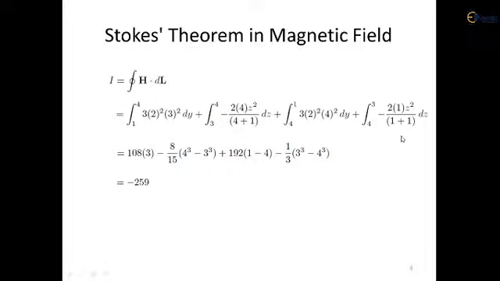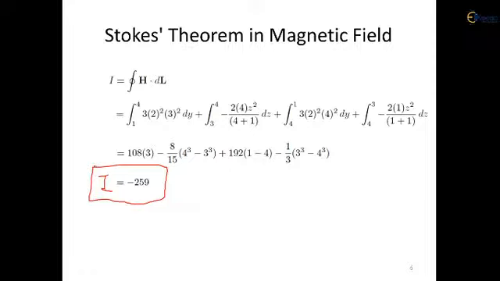The answer can be written as capital I, by the closed line integral or the surface integral, is equal to minus 259, and you can provide the SI system of units for the representation here. So this completes our first problem statement, that is based on Stokes theorem in magnetic field.